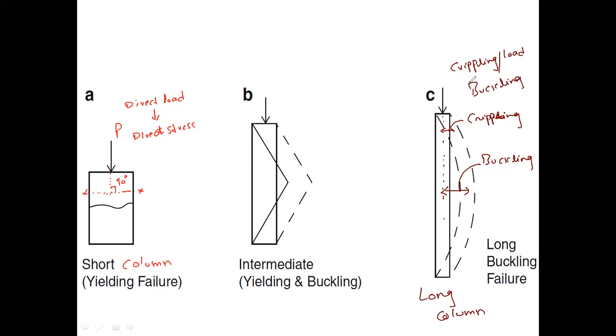Please answer my question. Yes or no? This will fail under crippling or buckling load. This will fail under direct load or direct stress. What is this direct load? Can anyone tell me what this direct load is?